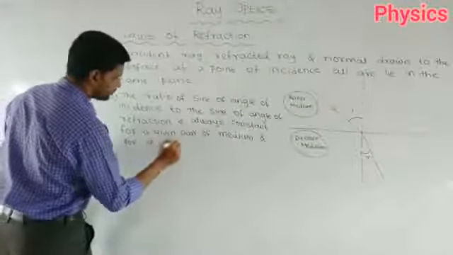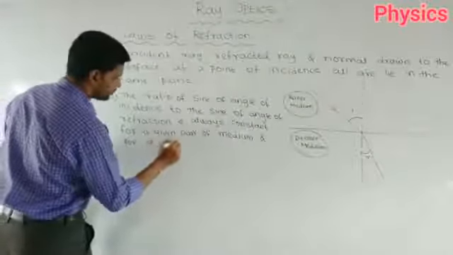That means if you send the light like this, now the angle of incidence is changed, and the angle of refraction also changes. But the pair of media is the same, and the incident ray has the same wavelength, 598 only.